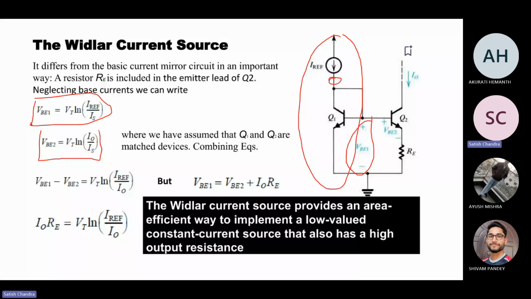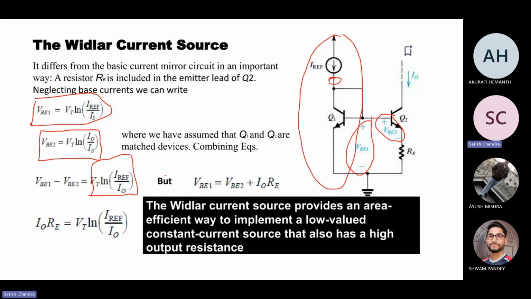If I compare this VBE1 with this one, what are we going to get? VBE1 minus VBE2 is nothing but VT ln(IREF/I0), because if I subtract these two, the scale current is going to cancel out.